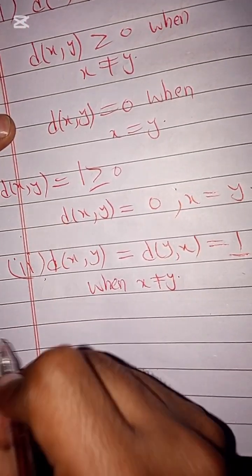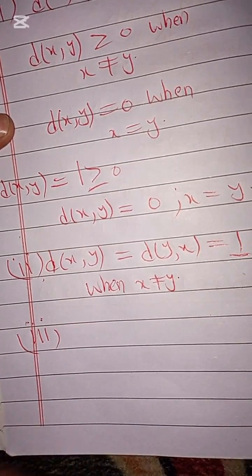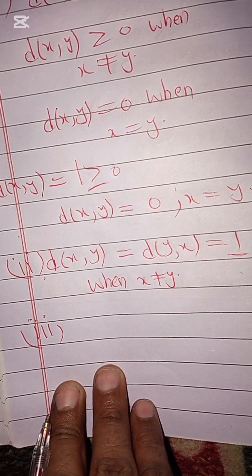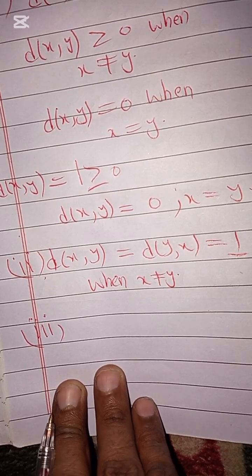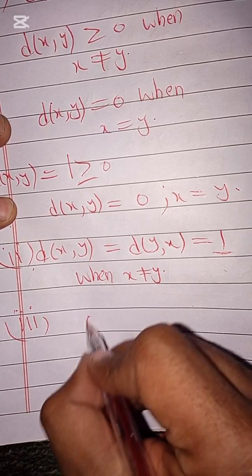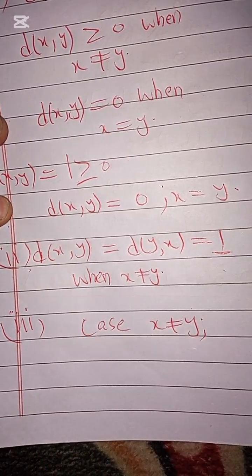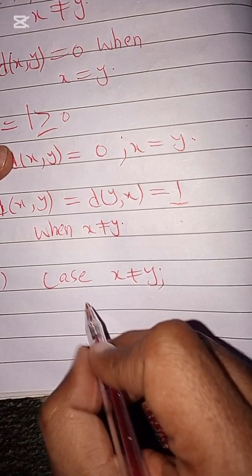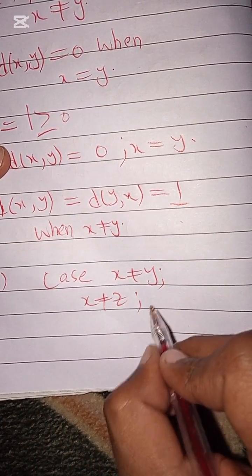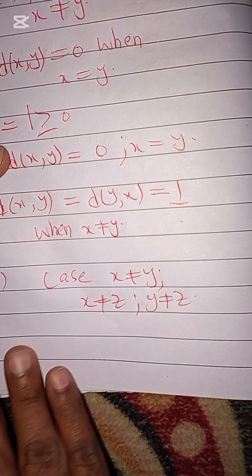What is the third condition? Let's go through it. In the third condition, let's take case 1 when x is not equal to y, and we have introduced another point z. x is not equal to z and y is also not equal to z.